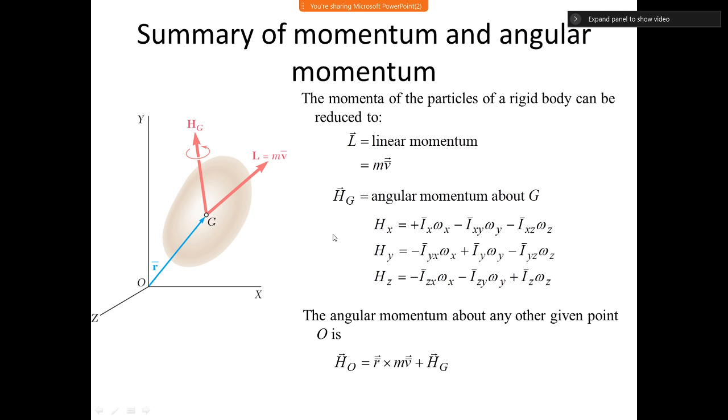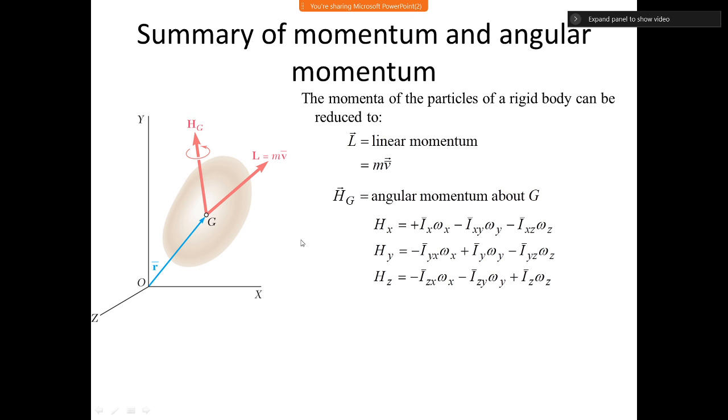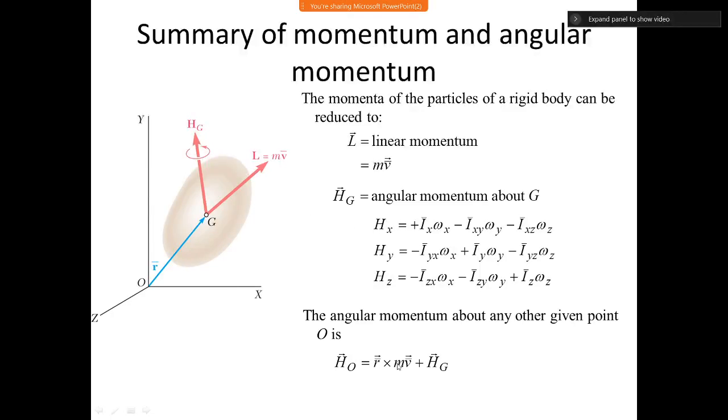And if I want to find the angular momentum about any other point, then we have to add the r cross mv vector. So if I want angular momentum about point O, and I know the angular momentum about point G, then we add the position vector of the center of mass crossed with the linear momentum of the center of mass, or m v bar.